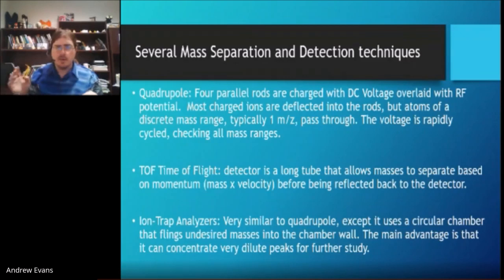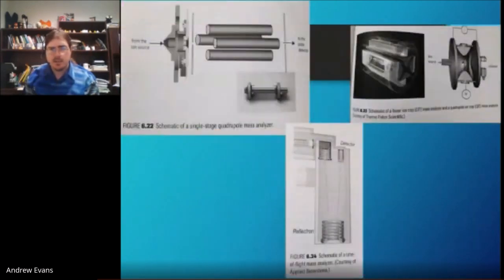The heavier guys are going to move slower, the lighter guys are going to be moving faster, and so the fast guys are going to reach the detector sooner, and they can use the separation to find out how heavy these atoms are. Either way, we're going to be detecting various ions.